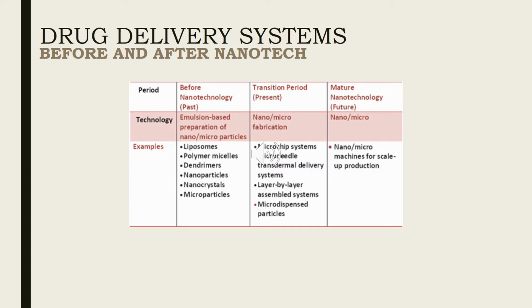Nanotechnology and its effects on drug delivery refers more correctly to the current drug delivery systems, which include microchips, microneedle based transdermal therapeutic systems, layer by layer assembled systems, and various microparticles produced by inkjet technology.